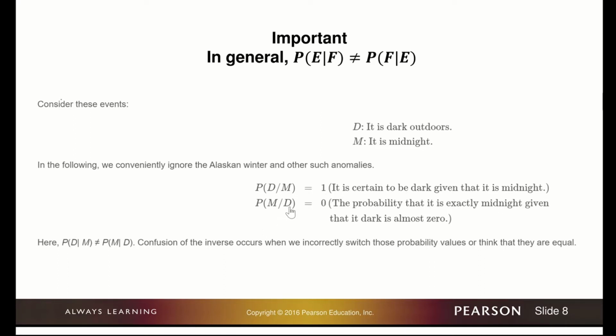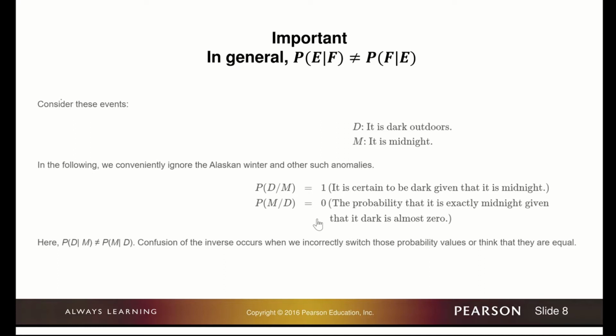notice what happens if we switch that around. If we look at the probability of it being midnight, given that it's dark outside, that probably comes down to practically 0. From all interesting mathematical perspectives, we count that as 0, because think about it.